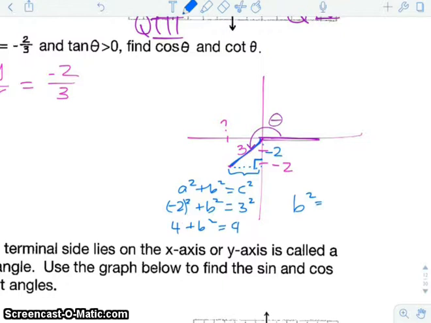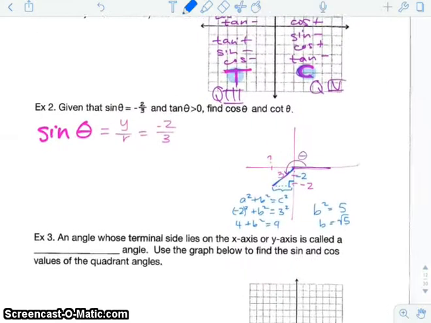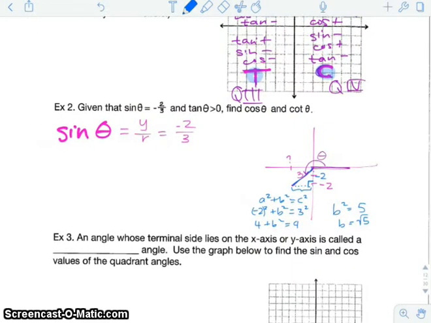So b squared equals 5. B equals the square root of 5. I'm going to leave it as that because I want an exact value. So my x in this case is actually radical 5, right? I went in the negative direction. So this is negative radical 5 here.